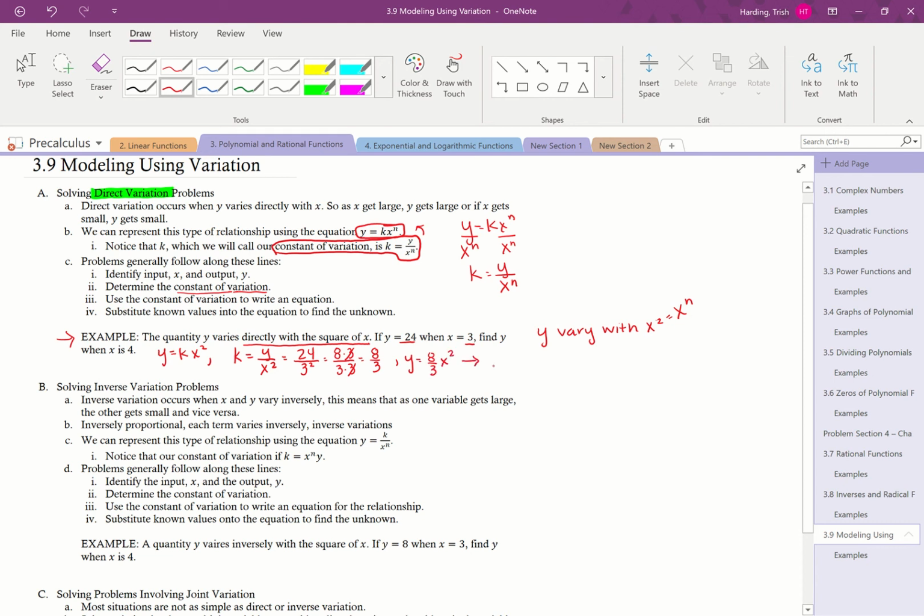And now they want us to find y when x is equal to 4. So we're going to have y equals 8 over 3 times 4 squared. And that is going to be 8 divided by 3 times 16.